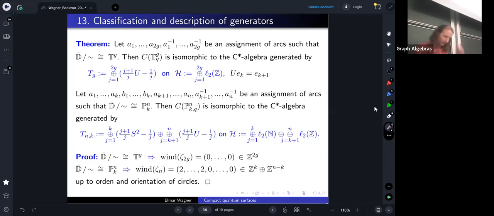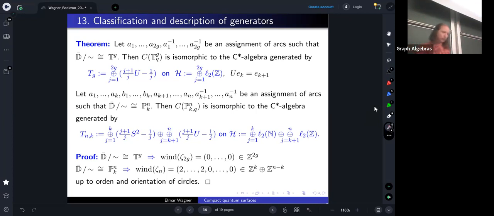To get something in the kernel, we take one copy of S squared and one copy of its adjoint, and this one has index 0. So you take the compact operator 2 times 2 matrix, which makes the operator S squared S star, make it unitary, and this one is a generator.